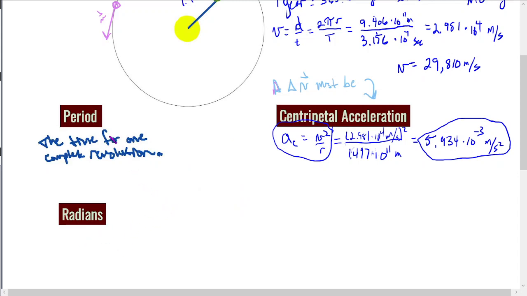Okay, and so a radian is, or I'm going to try and draw a circle here. Yeah, that's about as good as I can get it. This program does not do shapes well. A radian is the length of one radius along the circle.